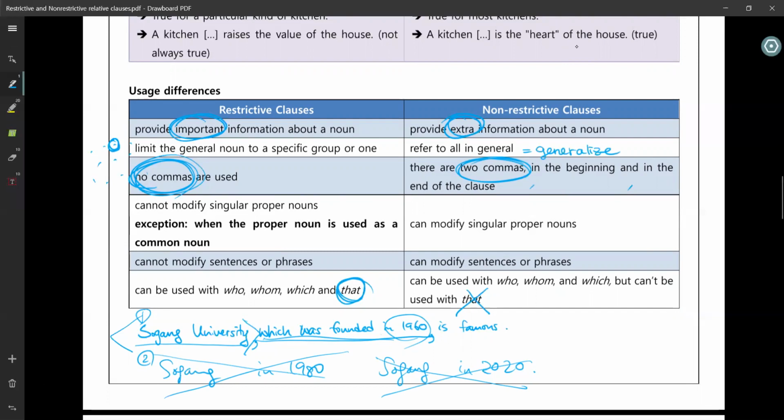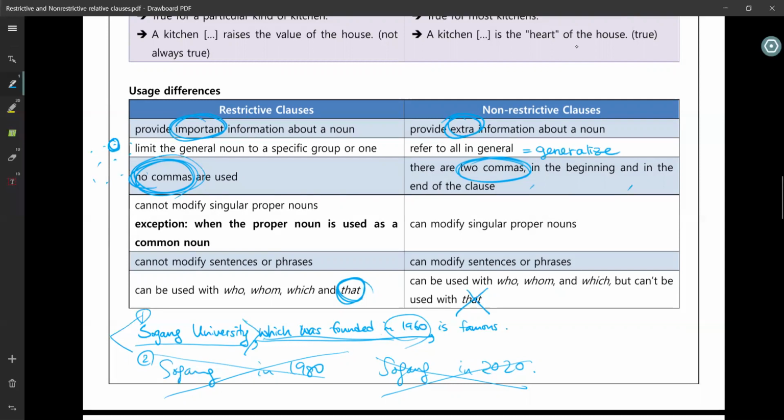Of course, there can be some examples, like, you know how some universities have their second campus in other regions? For example, Gyeonggi University has a campus in Seoul, and there is another one in Suwon, right?